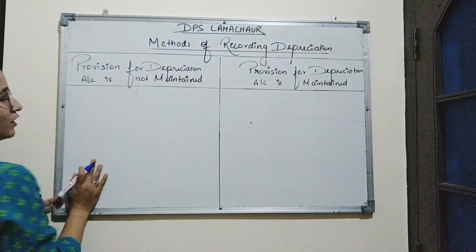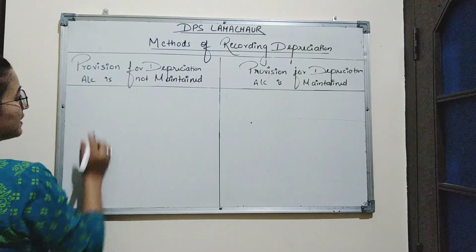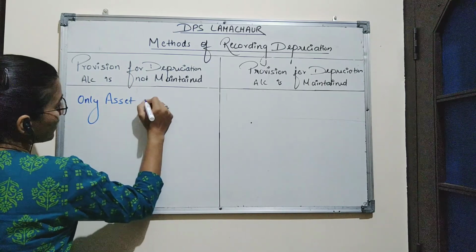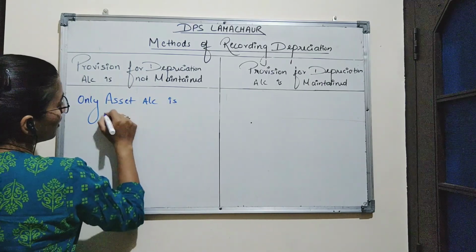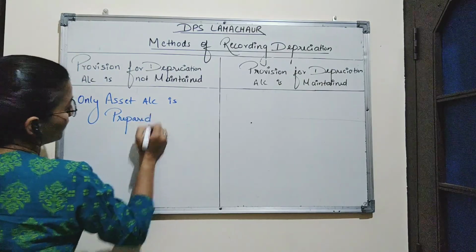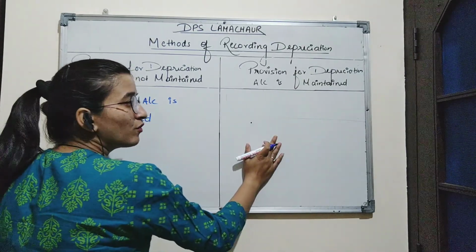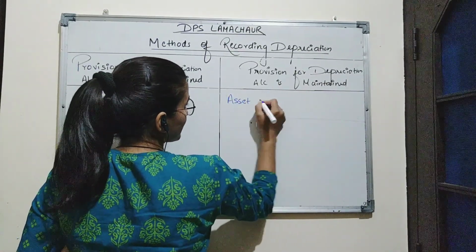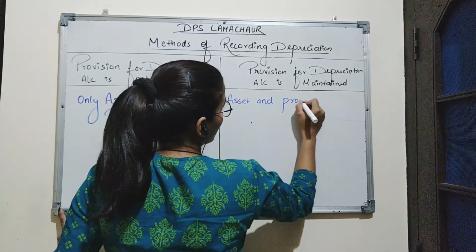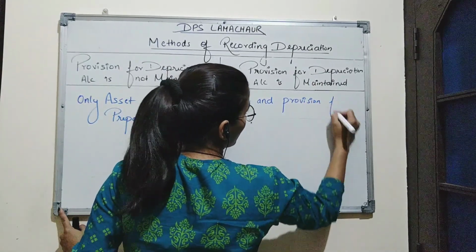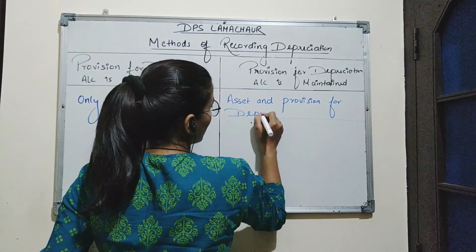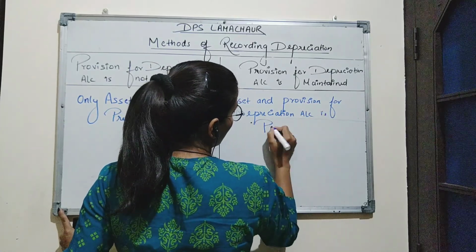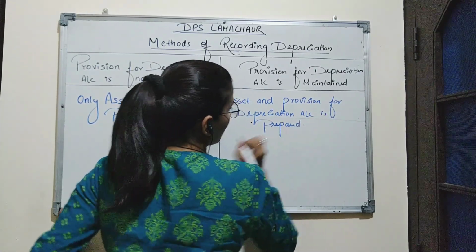So in the method where the provision for depreciation account is not maintained, only the asset account is prepared. Whereas where the provision for depreciation account is maintained, the asset and provision for depreciation account are prepared.